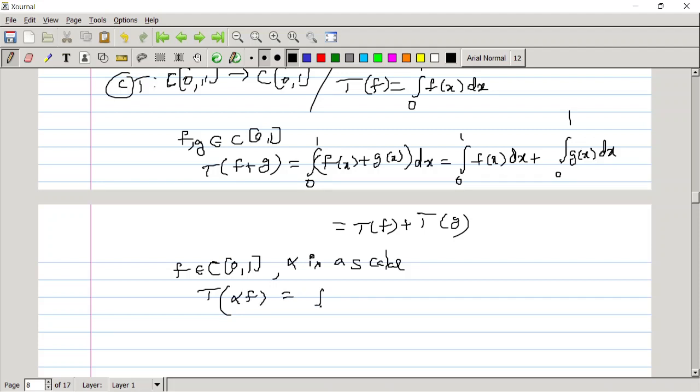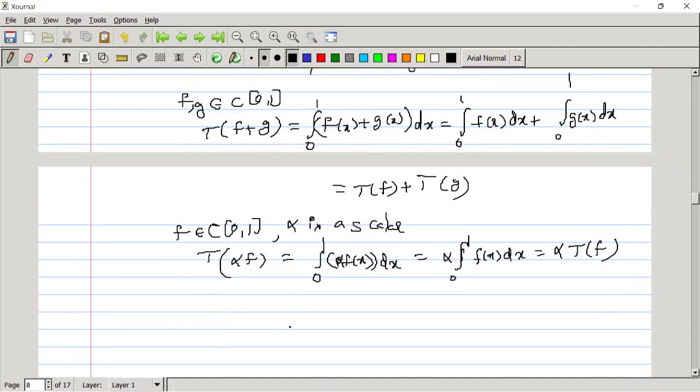By the definition of T, we have integration 0 to 1 of alpha times f of x dx, which equals alpha times integration 0 to 1 of f of x dx, which equals alpha times T of f. So from these two equations we can say T is a linear transformation.